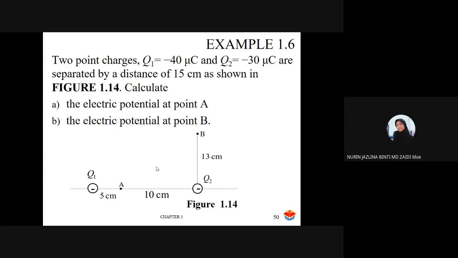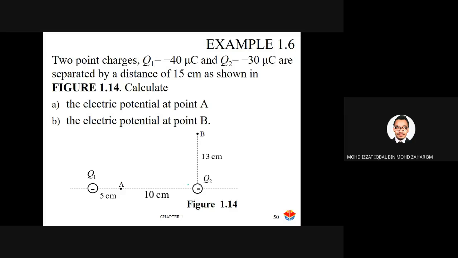No, sir. Okay. For example 1.6, 2-point charges Q1 and Q2 are separated by a distance 15 cm as shown in figure 1.14. Calculate the electric potential at point A and then at point B. Okay, so they give you the diagram like this.